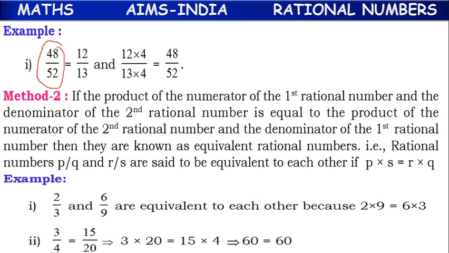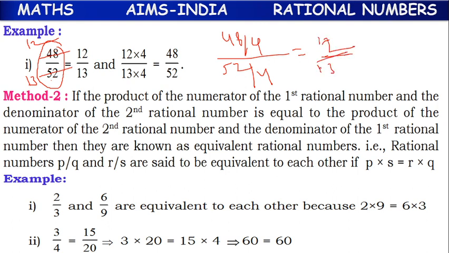Here both the numerator and denominator are commonly divisible by 4. 4 12s are 48, 4 13s are 52. So 48 divided by 4 and 52 also divided by 4, then we are getting a new rational number 12 by 13.